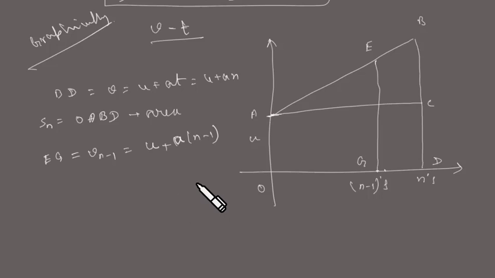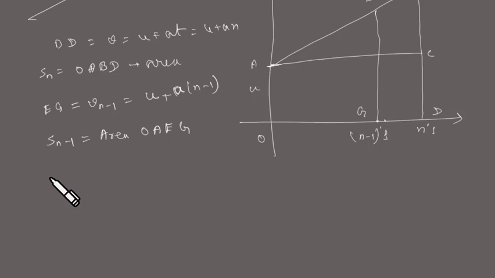Therefore the displacement of the body in n minus 1 second, S n minus 1, would be the area of the trapezium OAEG. If we want to calculate the displacement of the body in the nth second, that would be S n, the displacement of the body in n seconds, minus the displacement of the body in n minus 1 seconds.